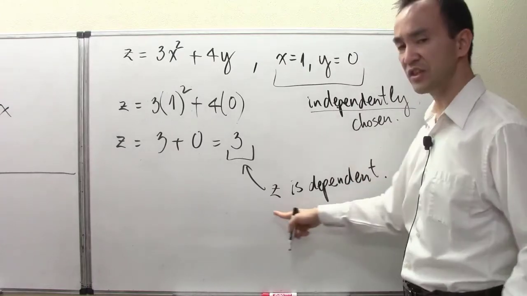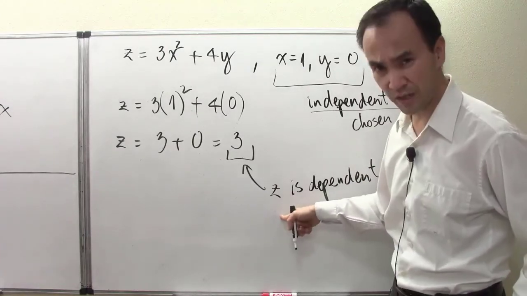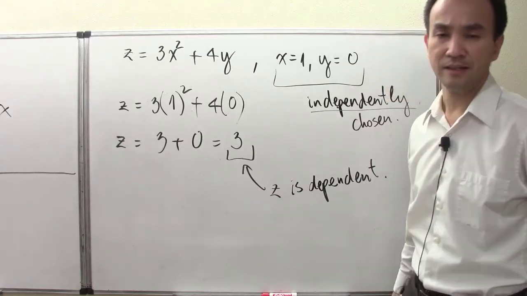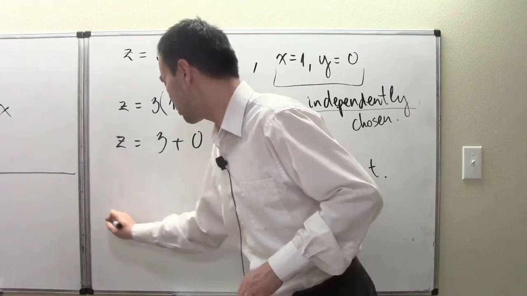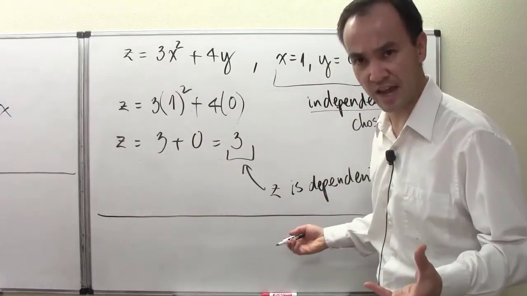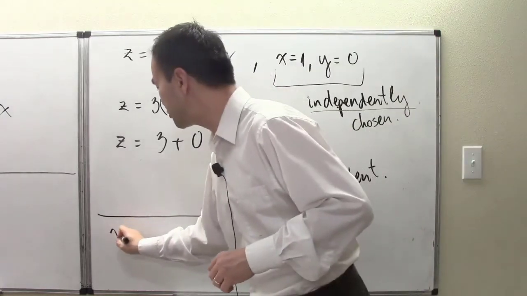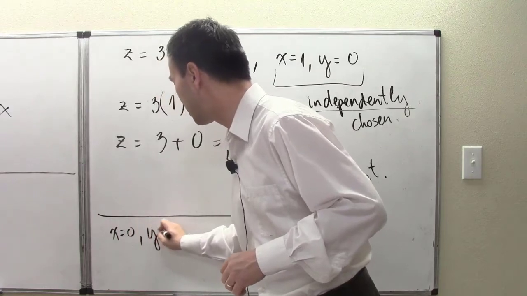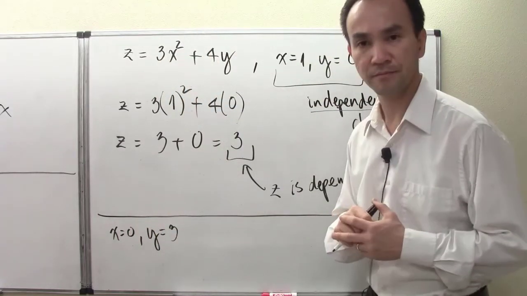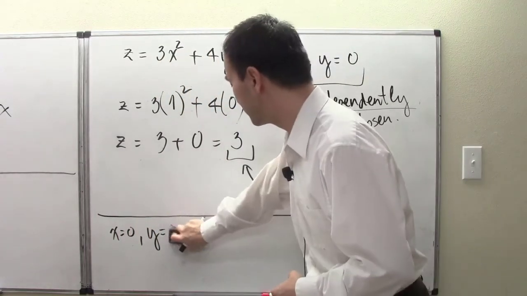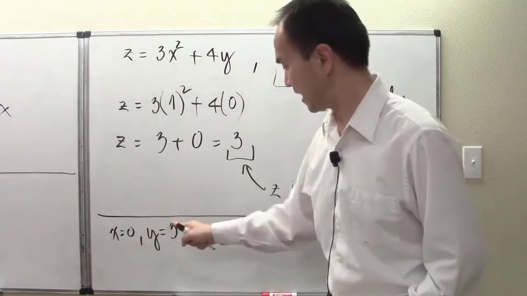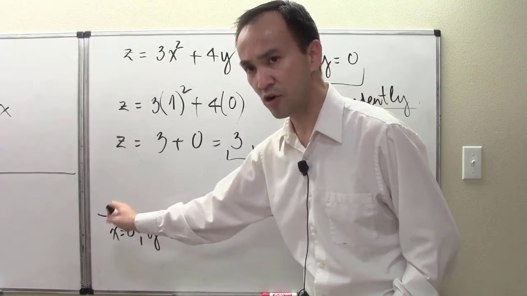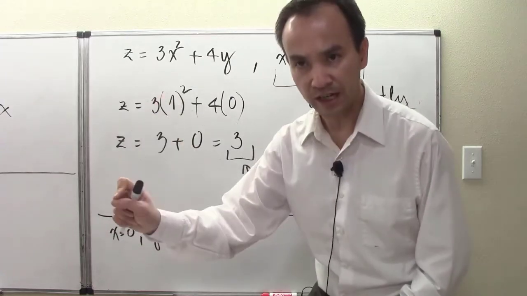And when I say z is dependent, I mean the value that we can calculate for z is dependent. Because think about it, the same rule. I just want to point out how dependent z has to be. We can independently choose x equals 0 and y equals 3. Again, I gave you that impression that we can choose the values for x and y completely independently.